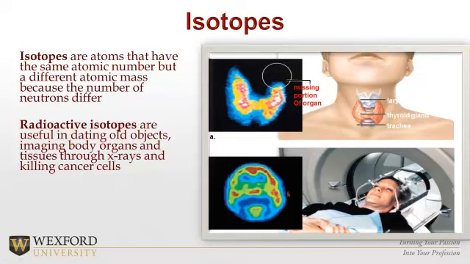So what we do is we can inject a person with an isotope and then scan them. Those atoms that are radioactive will go to where they normally want to go, and then they will be releasing energy, and then we can scan to find them.